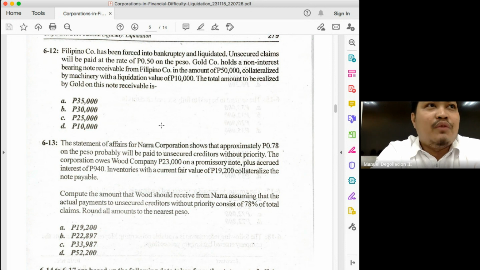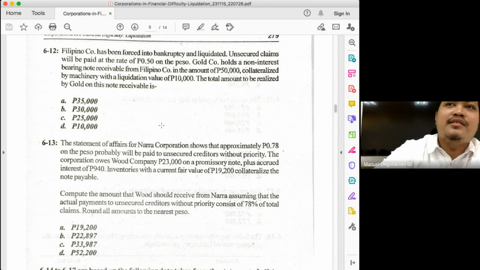Rarely will one problem ask for fully secured, because that will be a waste of a question; if it's a fully secured claim, it will get 100% of its claim. No need to compute. Rarely will you see problems asking only for amounts to be paid for liabilities with priority, because again, they will get 100% of their claim. So problems will either ask for unsecured without priority or partially secured.